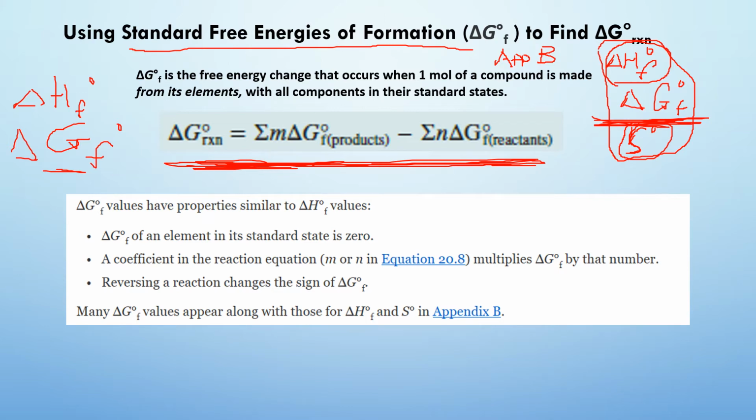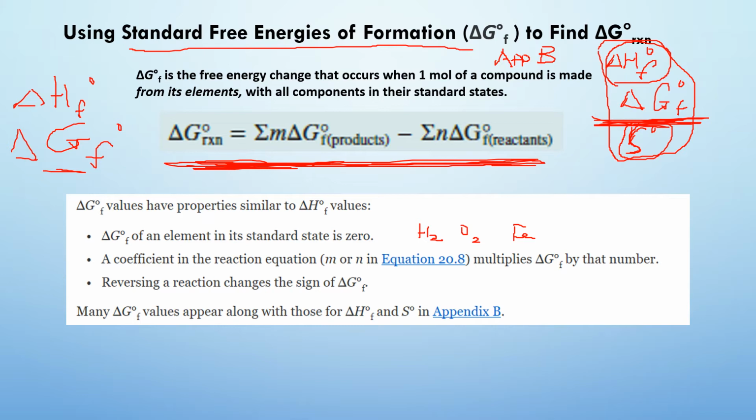So this delta G_f and the delta H_f properties work in a similar way. For an elemental substance, we said the heat of formation is 0, and that's also true for the free energy of formation. If you have an elemental substance, like hydrogen gas, oxygen gas, or a pure metal atom, the delta G_f naught will also be equal to 0.